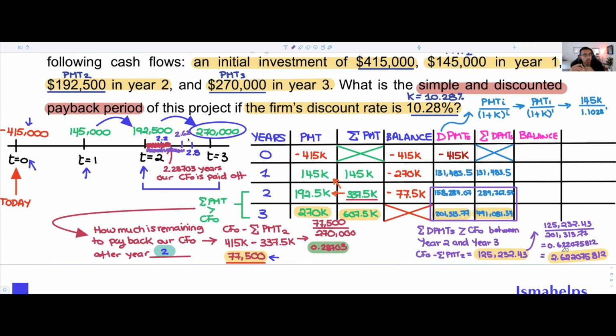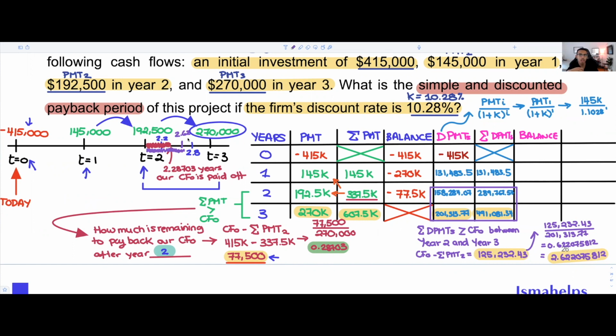For us to be able to recoup our money. And that's really interesting because it leads us to another takeaway. It leads us to the notion that if we're discounting cash flows under the premise that money tomorrow is worth less than money today, of course it's going to take us more time to retrieve our original investment, because these cash flows that were equal to $145,000 at year one, $270,000 at year three, are worth less to us because we're discounting them.